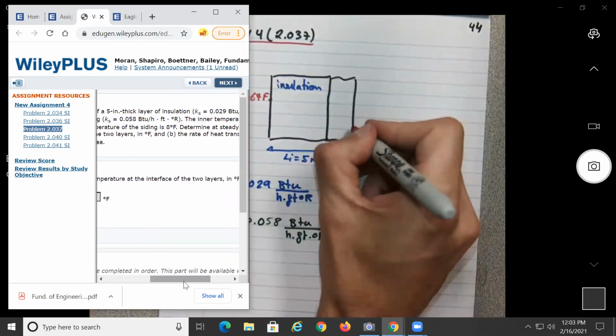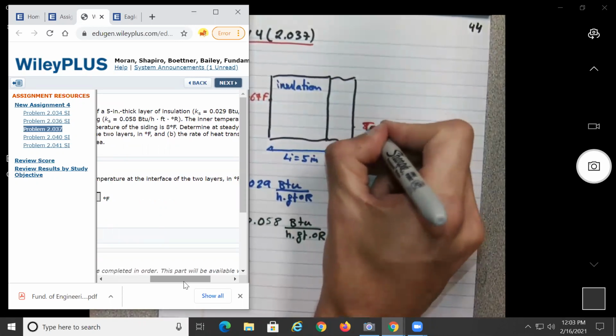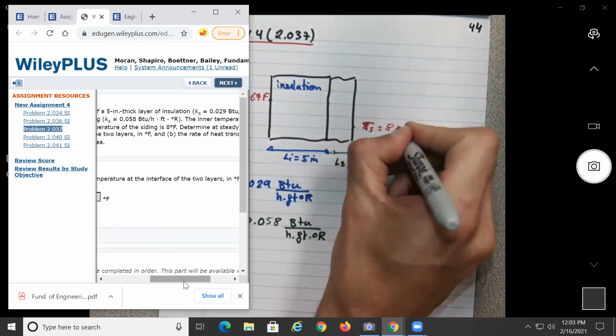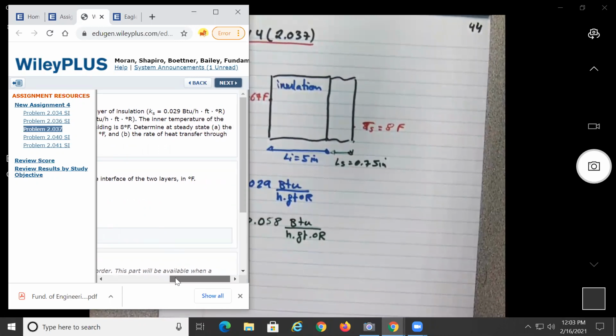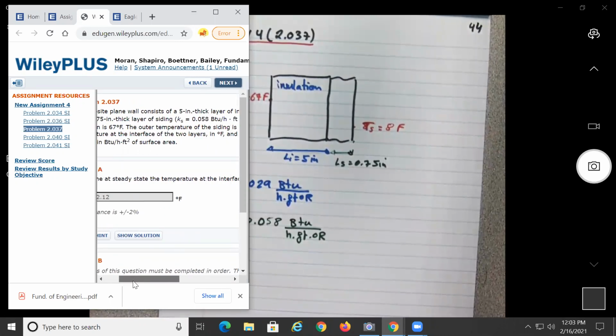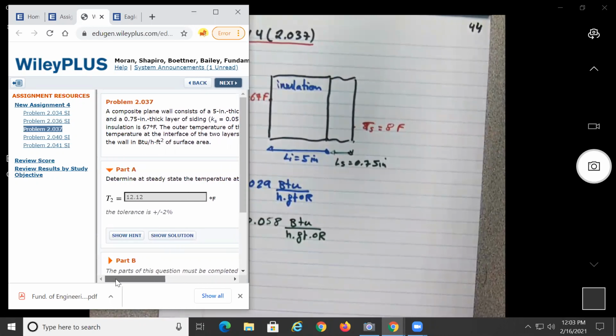So T sub S equal to 8 degrees Fahrenheit. Determine at steady state the temperature at the interface of the two layers in Fahrenheit and the rate of heat transfer of the wall in BTUs per hour foot square.